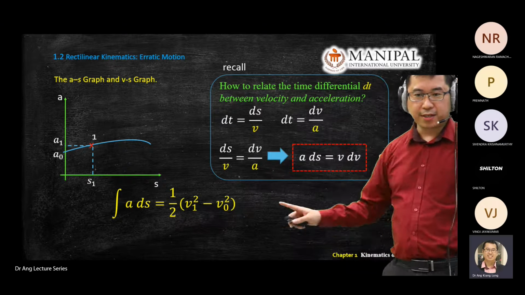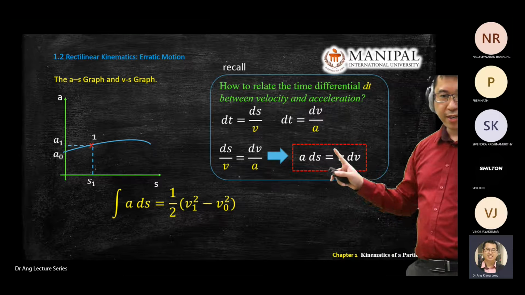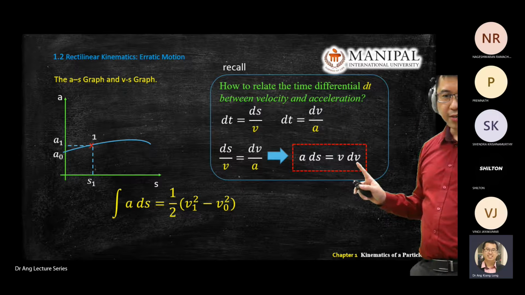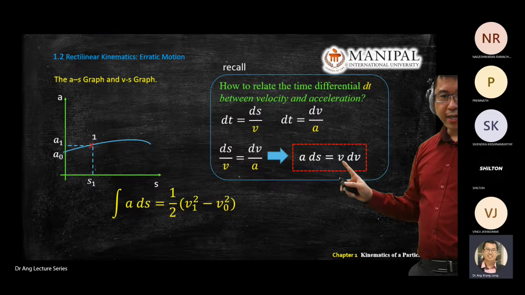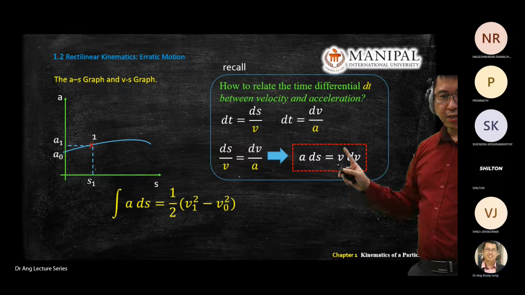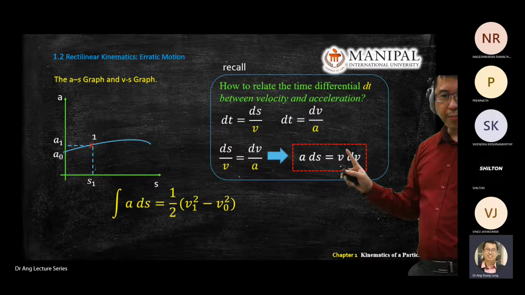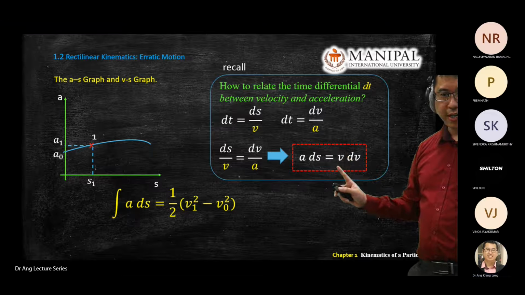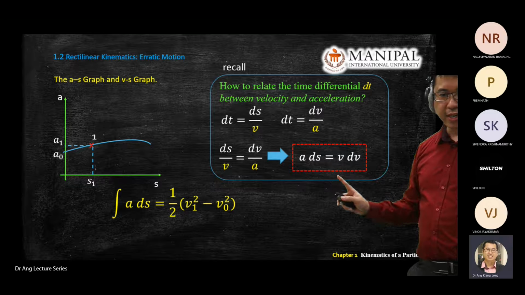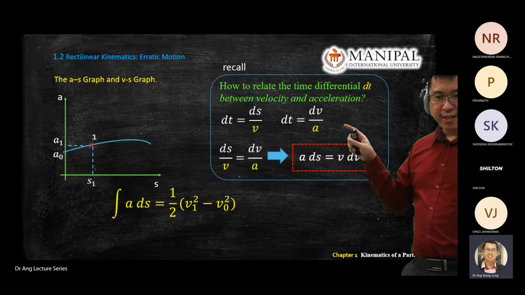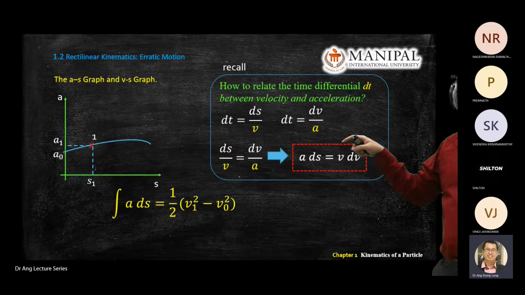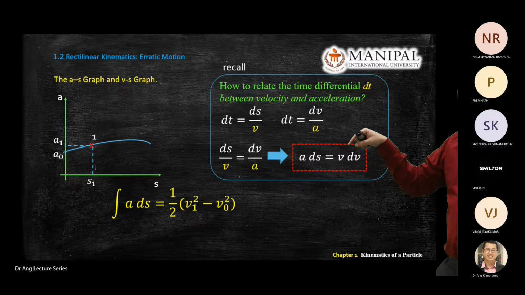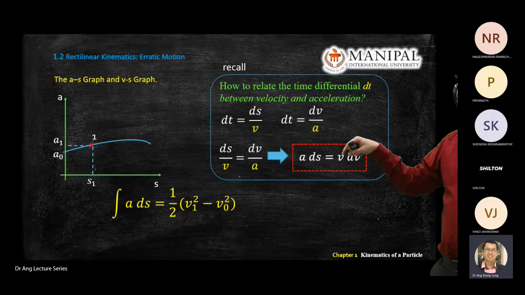How do you get this one? You integrate v dv. What do you get? You get v to the power 1, and 1 plus 1 gives 2, so you get v squared divided by 2. Again, if you don't know what I'm talking about, go back to the integration chapter in your mathematics textbook and refresh how to integrate x dx.